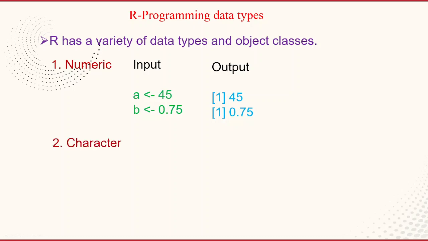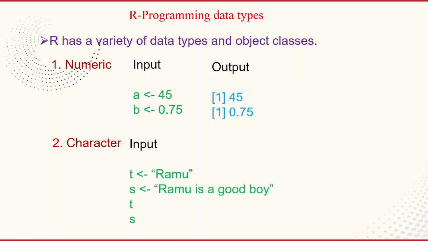Second, character. This data type is used to represent text data such as names or sentences. Character values are always enclosed in quotation marks. See the input: T tends to Ramu, S tends to Ramu is a good boy. It may be a name or a sentence assigned to a variable.